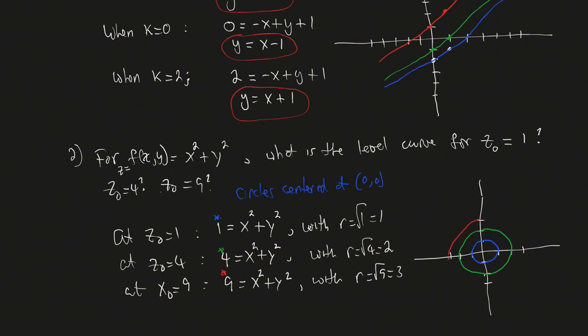So there is our 3rd level curve, and that would be the contour. These are what we would say are concentric circles. They have the same center, but different radii. So concentric circles.